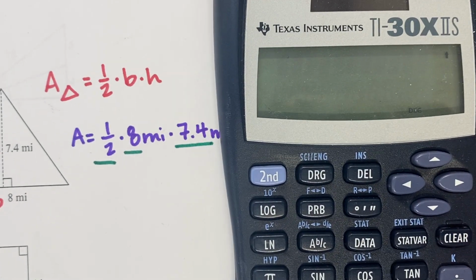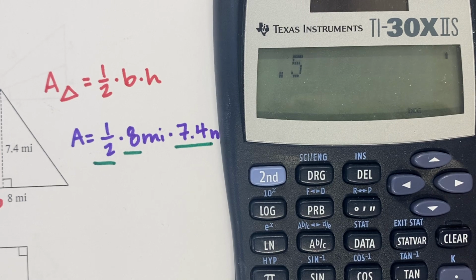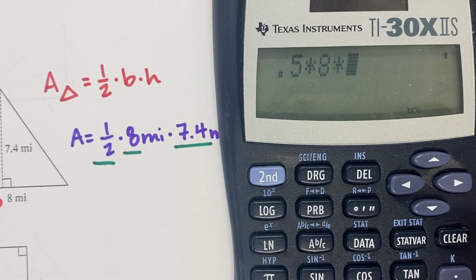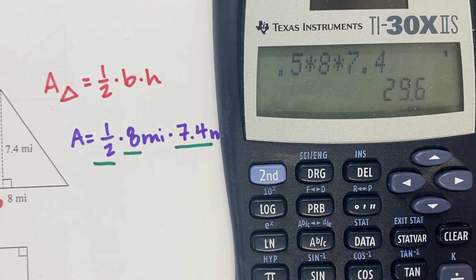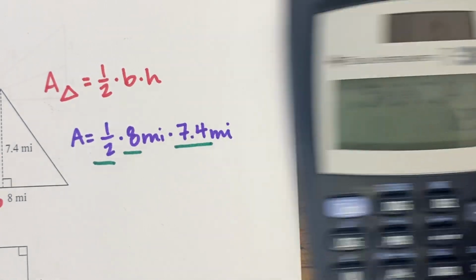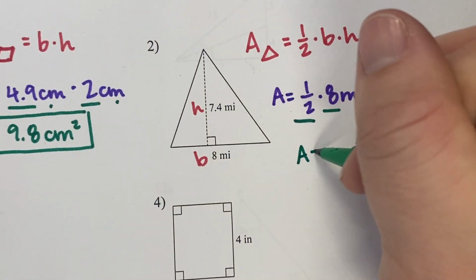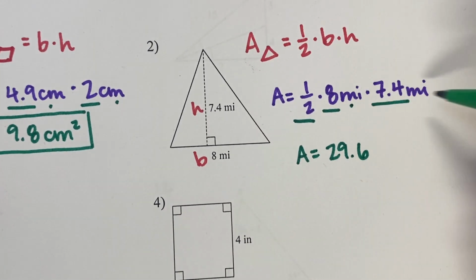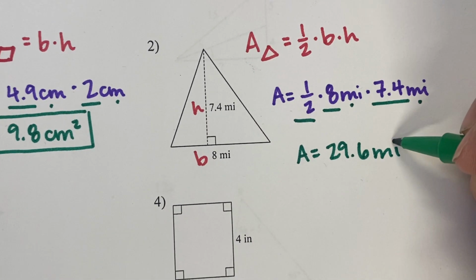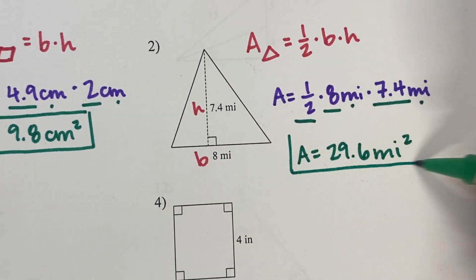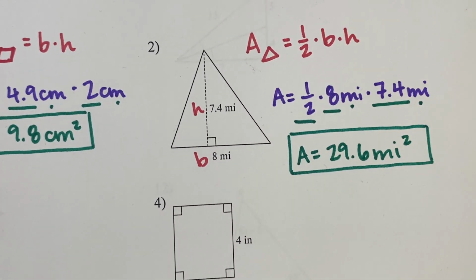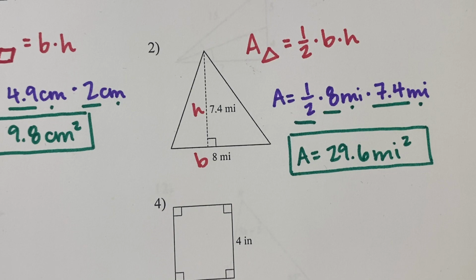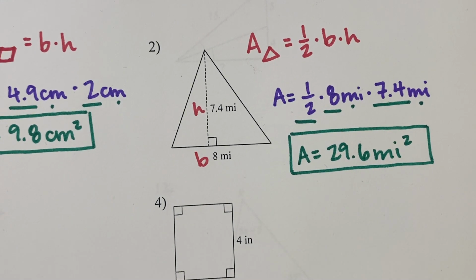Remember that 1/2 is 0.5 in your calculator, so 0.5 times 8 times 7.4. And I get 29.6. So the area for this triangle is 29.6. Again, miles times miles is miles squared. And there we go.